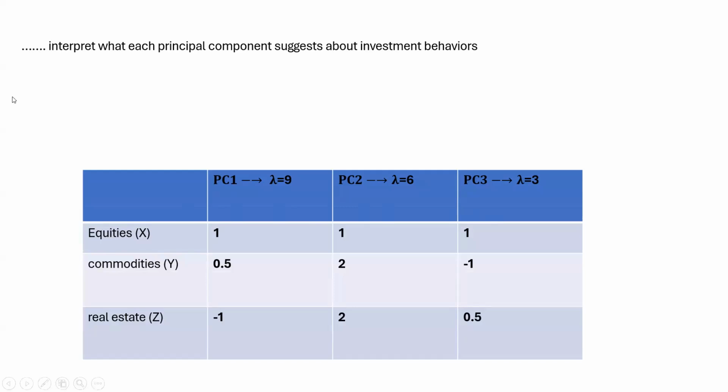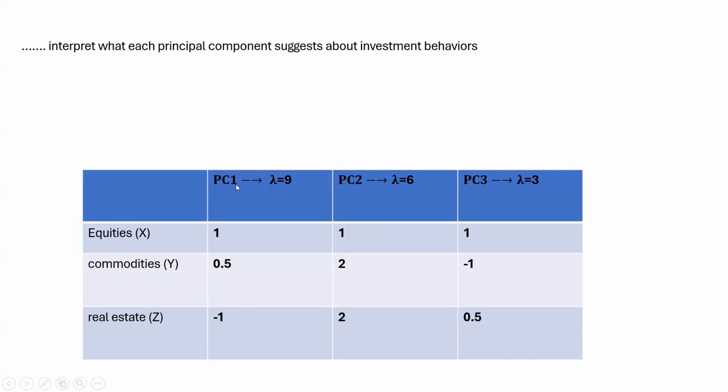You have three inputs: equities, commodities, real estate. I'm going to call them X, Y, Z because that's the order I was given. How do those inputs relate to the principal components? The eigenvectors tell us the weighting of each dimension on the principal component.